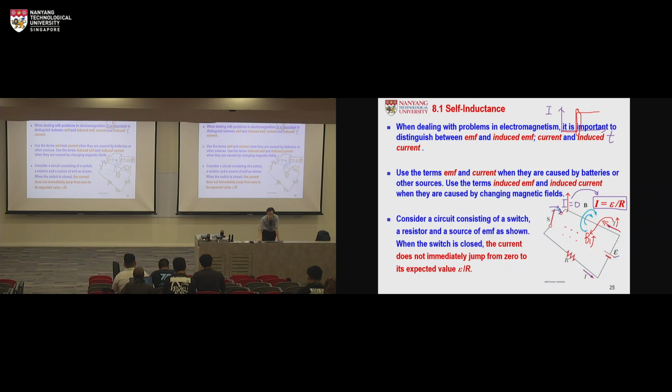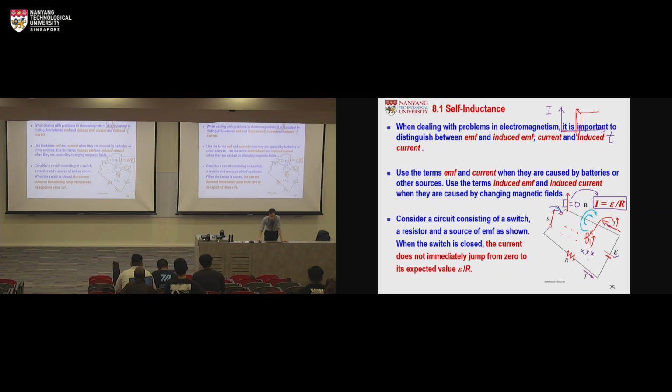If you have a magnetic flux pointing out of the page and increasing, Lenz's law tells you there will be an induced B and induced magnetic flux pointing along which direction? The induced B should be pointing into the page.